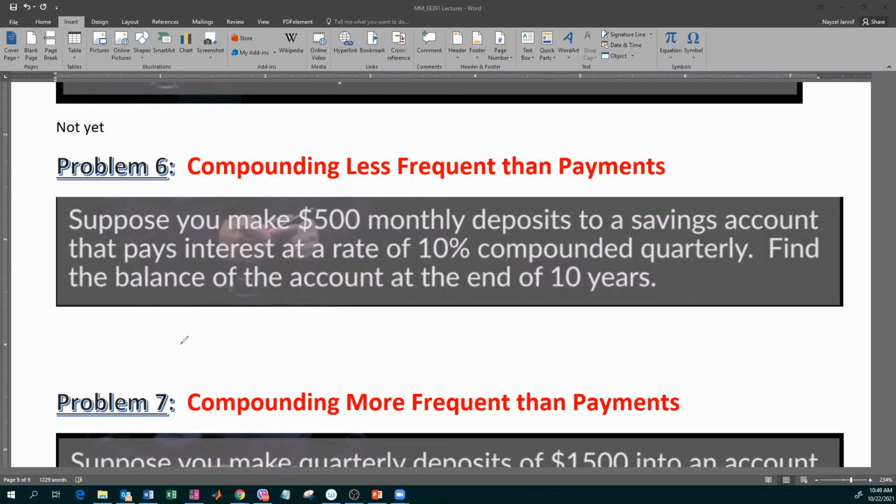All right, guys. So the cash flow diagram. Okay, that's the cash flow diagram.